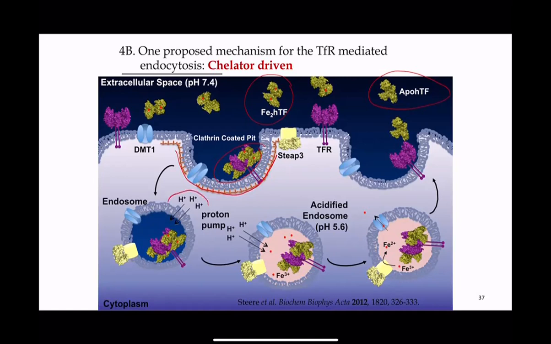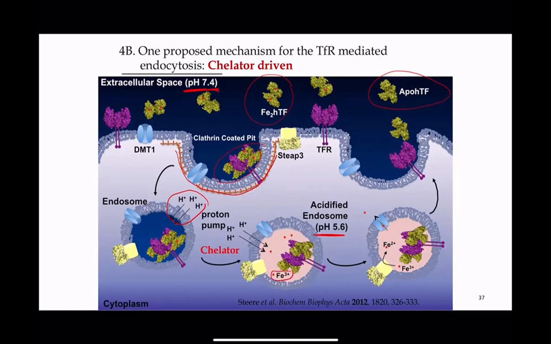And then what we see here is this proton pump that's bringing protons into the endosome. And what we see is a change in the pH. So we were originally at a pH of 7.4, but now we are at a pH of 5.6, 5.5, not a big difference, okay? So then that pH decrease plus the presence of some sort of chelator results in the iron being released as iron 3+.